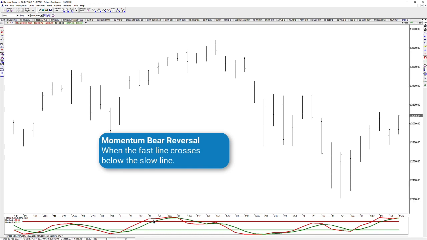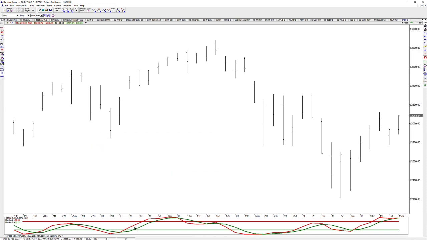So these are always two different look-back periods, and usually the slow line is a smoothing or a moving average of the fast line, which is typically the raw data. But in either case, when we have two lines, because they're different look-backs or they're calculated differently, when the relatively sensitive line closes below the slower line, that's a bear reversal.